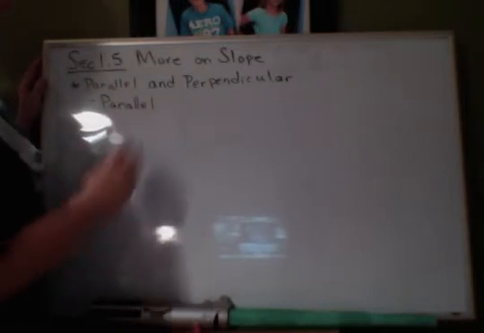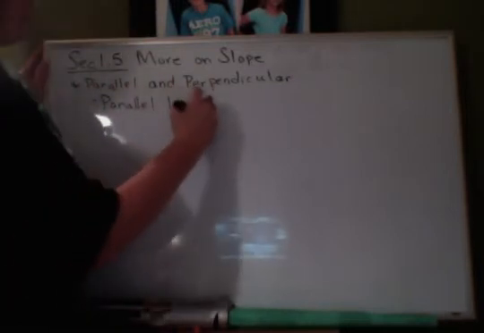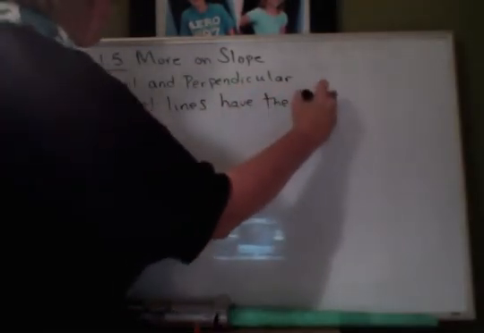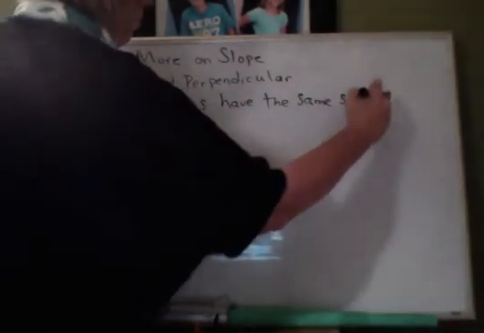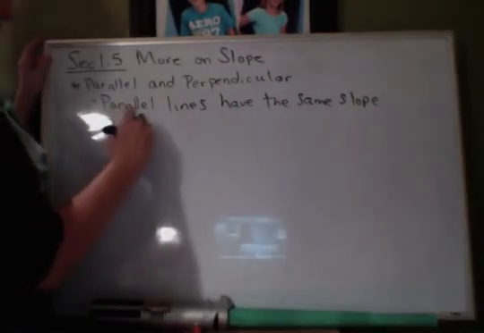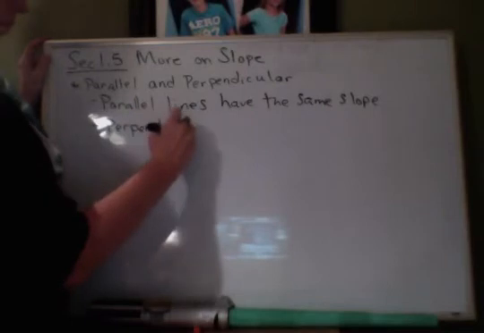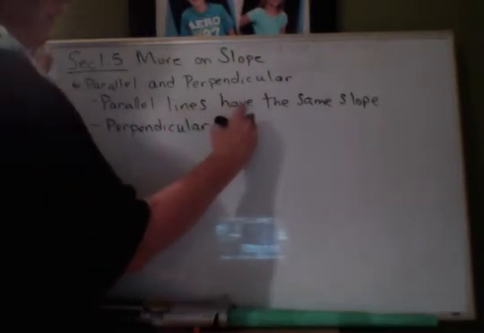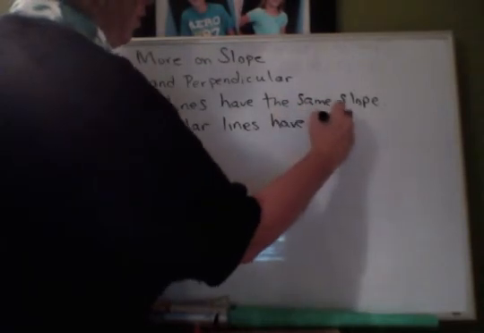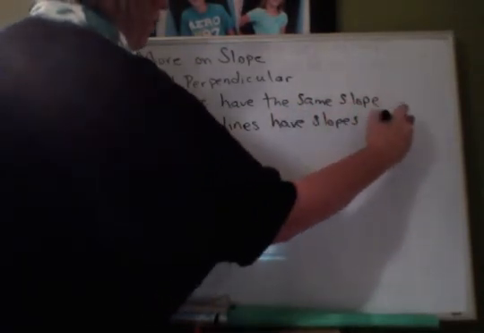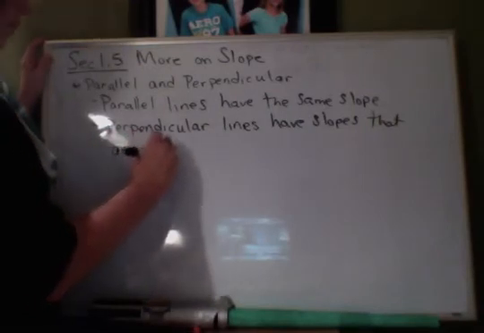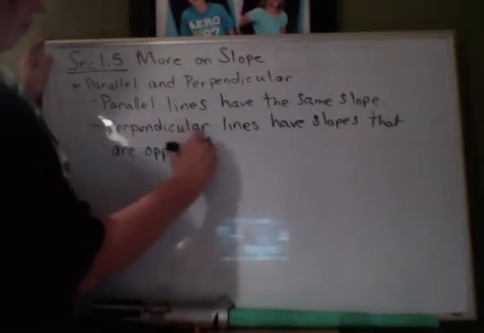What do we know about parallel lines? Well, parallel lines have the same slope. And what do we know about perpendicular lines? Perpendicular lines have slopes that are opposite reciprocals.